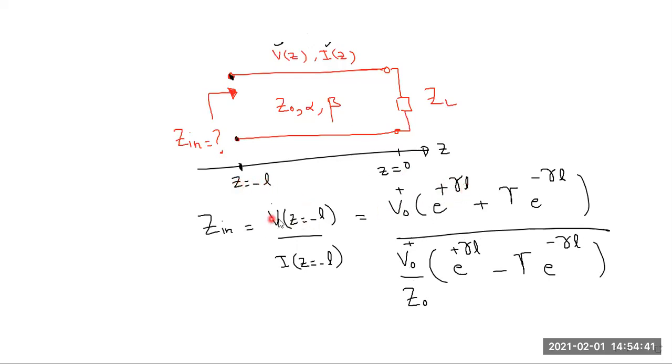So in the general form of voltage, you have minus gamma z. So minus gamma z becomes plus gamma L.